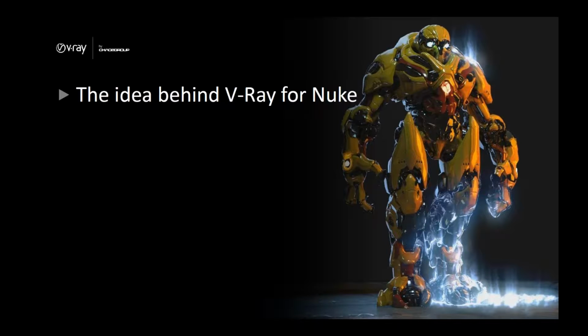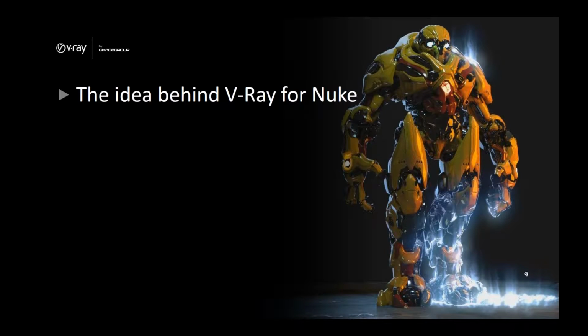Let's say we have done some compositing work, and then the director comes and says, okay, I don't like this, and then the whole work should be restarted. This going back and forth is exactly the issue we wanted to address with V-Ray for Nuke. Now with V-Ray for Nuke, the compositing process has changed, and you have pure lighting, rendering and shading inside Nuke.